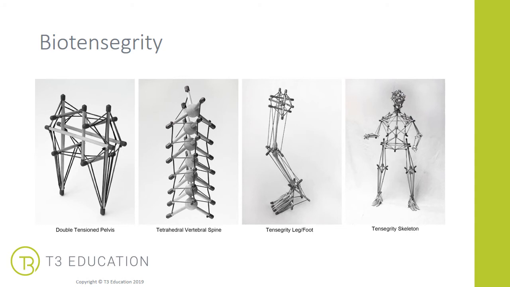And we're looking at this by creating an extra tension or a different type of tension through one part of the body by affecting the myofascial system, or in the structure's case, the moving bands, then the structure itself, so the stable structure, will then move to adapt into that new position. So as an example, looking at the double tension pelvis image, if we were to pull on one of the lower struts of the pelvis leading towards the legs, then that whole structure will be affected, which is what we think happens within our body.